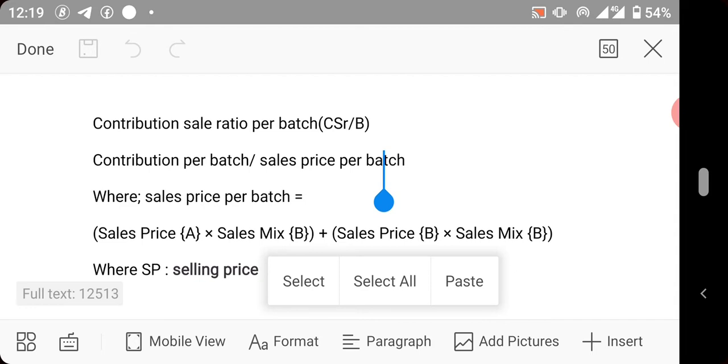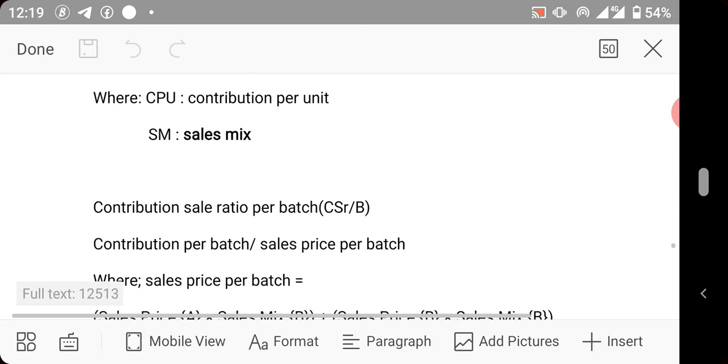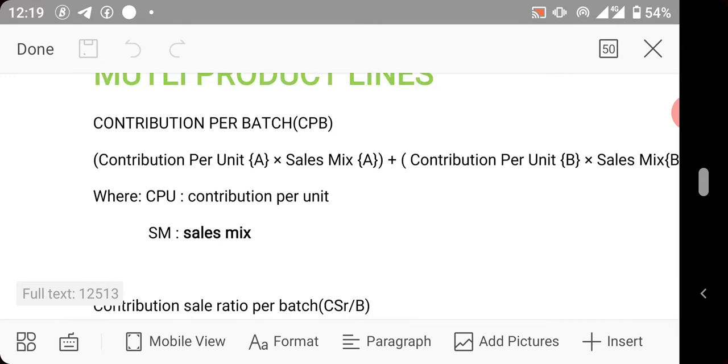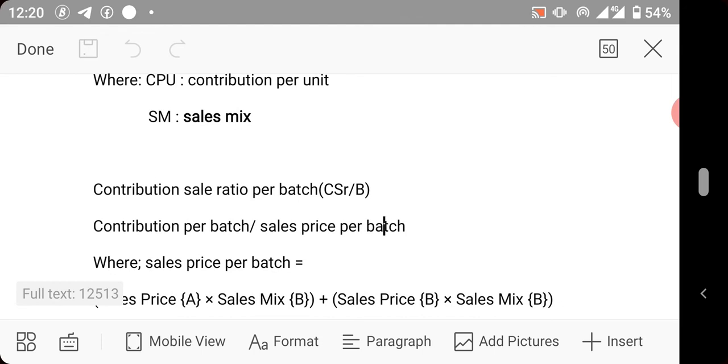Now how do you get your contribution per batch? It was computed above here. What you got using this formula is what you substitute here. How do you get sales price per batch? It's still the same thing.